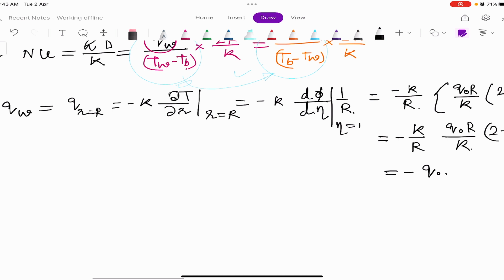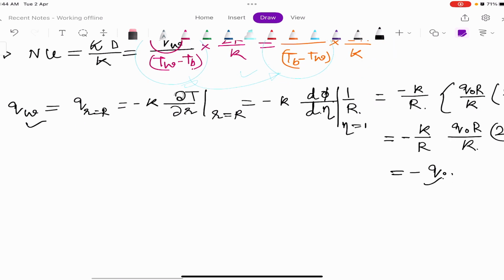So it was well known, and I have also proved that. Yes, now it is okay, because q naught is entering the fluid. So this is also equal to q wall, because q wall is also entering the fluid, and this is equal to minus of this, because this is leaving the fluid.